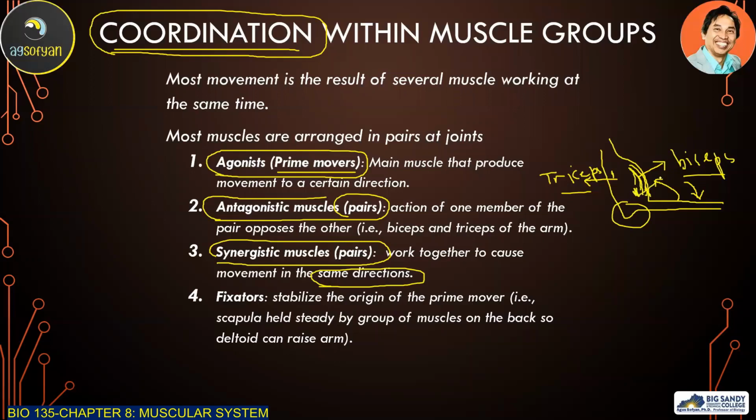So these two muscles will contract to move our body or part of our body in the same direction, and this is what we call synergistic muscles. The other muscle is called the brachialis muscle, which is located next to the bicep.